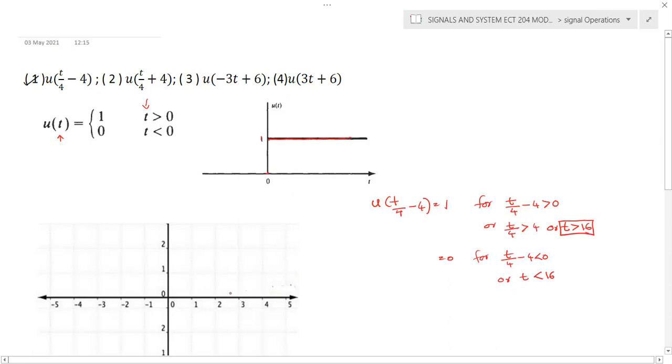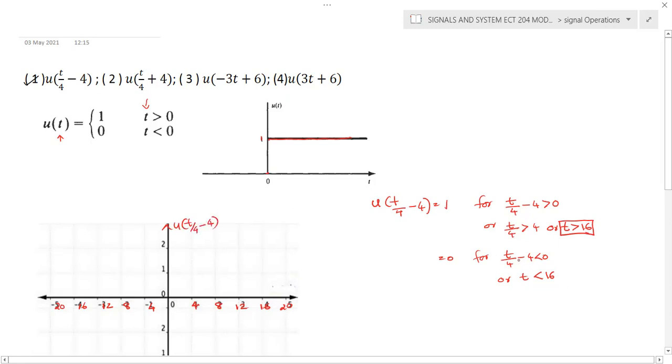Okay, if you mark these values, here it is indicated as 0, 1, 2, 3. So I can change this to bigger values. So let it be 4, 8, 12, 16, 20, etc. Here also minus 4, minus 8, minus 12, minus 16, minus 20, etc. And we need to plot u of t by 4 minus 4.